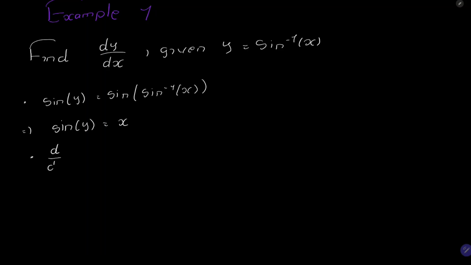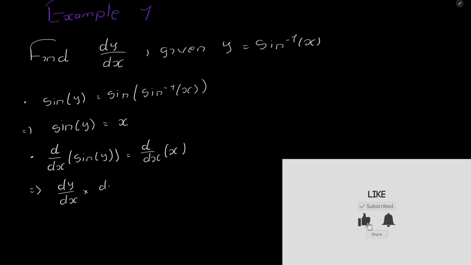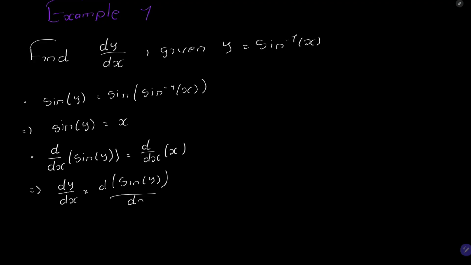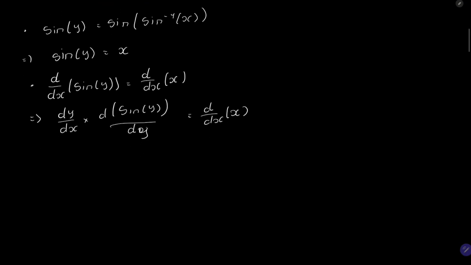Applying this, we have the derivative with respect to x of sine y equal to the derivative with respect to x of x, and deriving this gave us dy on the dx times the derivative of sine y with respect to y equal to the derivative with respect to x of x.